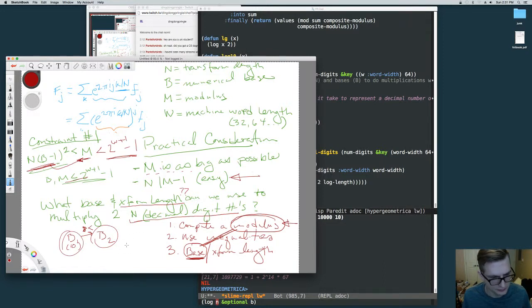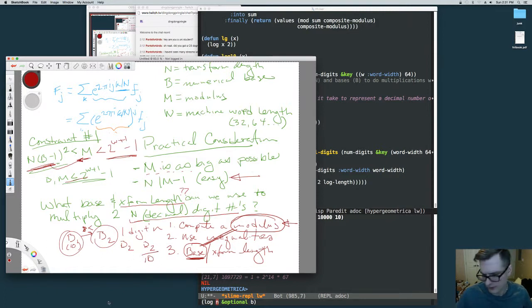Well, 1 digit in base B sub 2 can hold, I guess, B sub 2 divided by 10 digits.